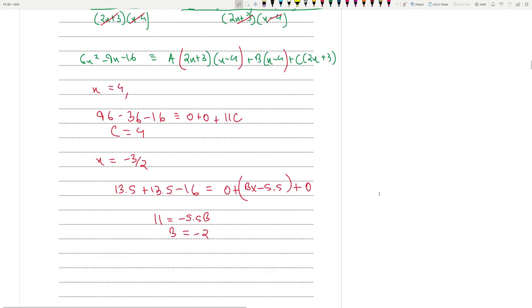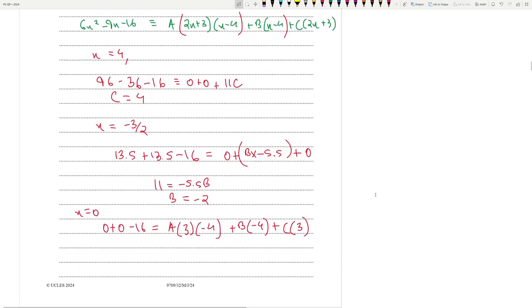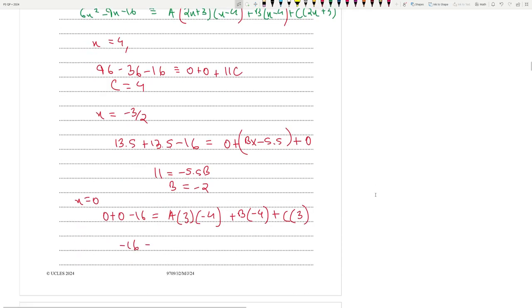Now to find out the last one, we can just use any value. We can go for x equals 0. So 0 plus 0 minus 16 is equal to a times 3 times minus 4 plus b times minus 4 plus c times 3. Okay, so minus 16 is equal to minus 12a minus 4b, which is plus 8, plus 12.